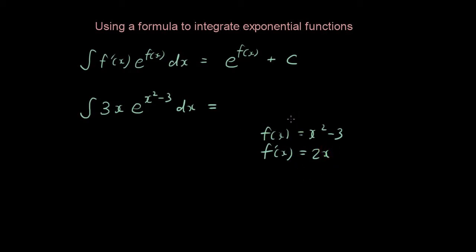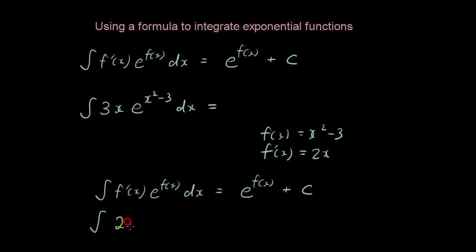Now, if we write out this formula again and substitute in the terms that we have, so we have x squared minus 3, let's copy that into this formula, and let's copy 2x into this formula. We have the integral of 2x e to the power of f of x, which is x squared minus 3, dx equals e to the power of x squared minus 3 plus c.